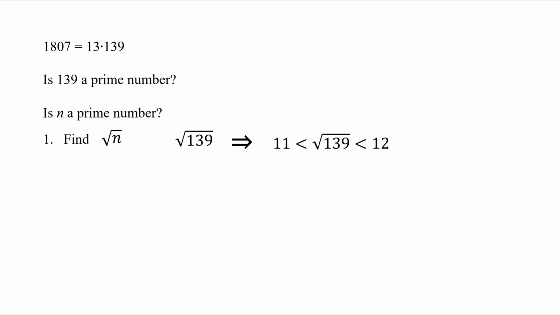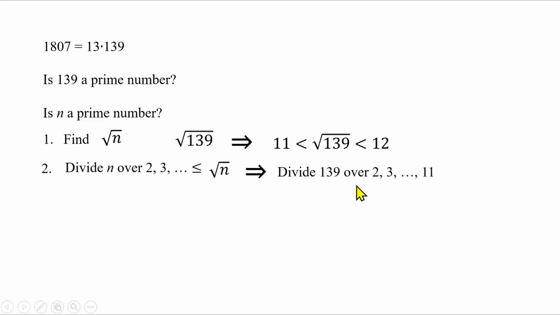As a second step, we divide n by all primes between 2 and the square root of n. In our case, we need to divide this number by 2, 3, till 11. And then we can make the following conclusion. If no divisor is found, then n is prime. Let's do this.